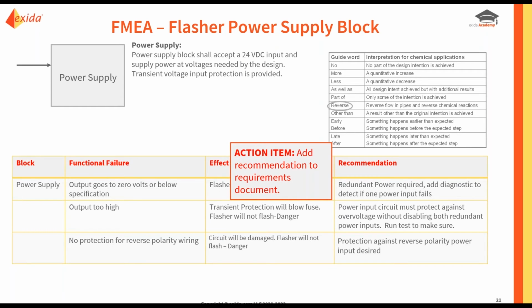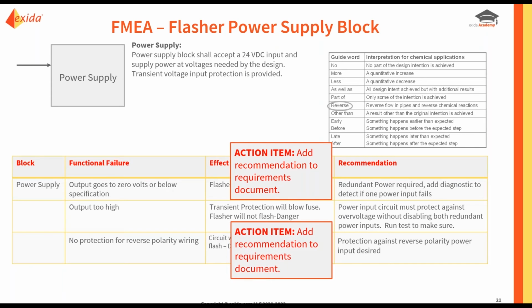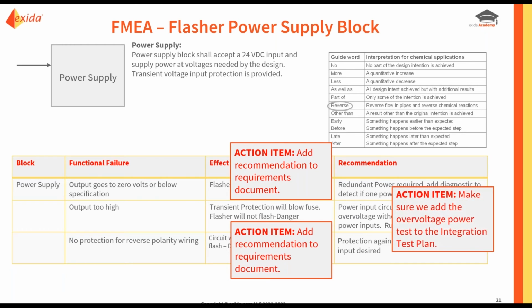But we certainly have to create, and if you're using a spreadsheet, we have to create an action item to add these recommendations to the requirements for the redundant power supply, for the diagnostics, and for the protection against the reverse polarity power. And don't forget, we had one before for the overvoltage power test.